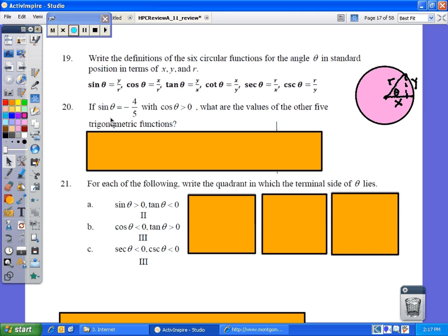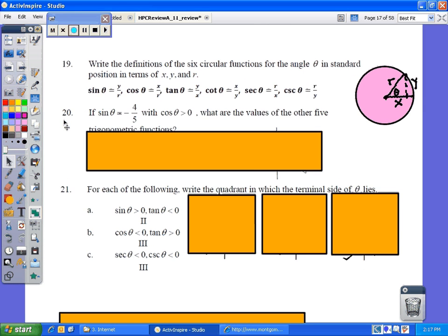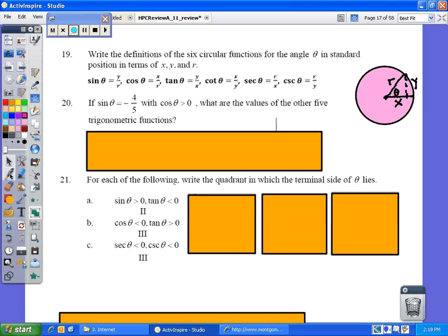Well, where is sine negative? Sine is negative below the x-axis. And cosine is positive to the right of the y-axis, first and fourth. So the angle in question terminates in the 4th quadrant.